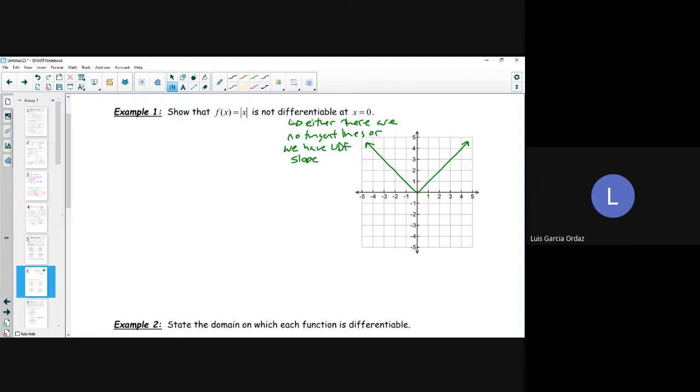So again, we're going to start with f prime of x equals the limit as h approaches 0 of f of x plus h minus f of x all over h.